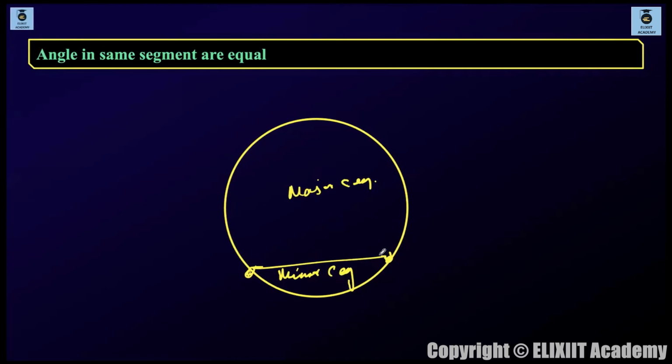Or let's say perpendicular distance is given, radius is given. So we can figure out the chord length. Perpendicular distance, this much distance P, is given, radius is given. So what we can do is we can figure out the chord length. If they are asking you to find the chord length, you can use the Pythagoras theorem, because this is 90 degrees.